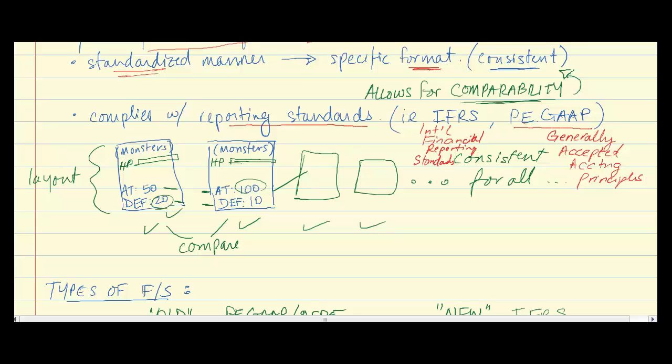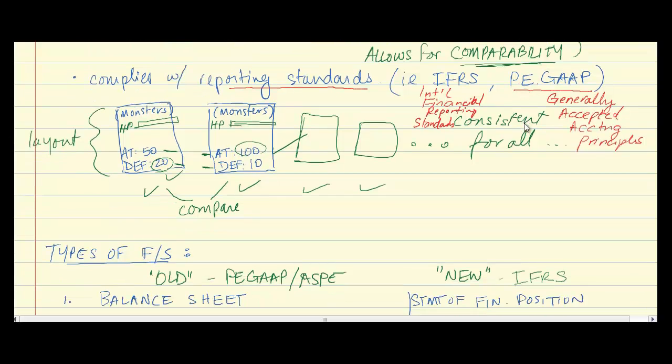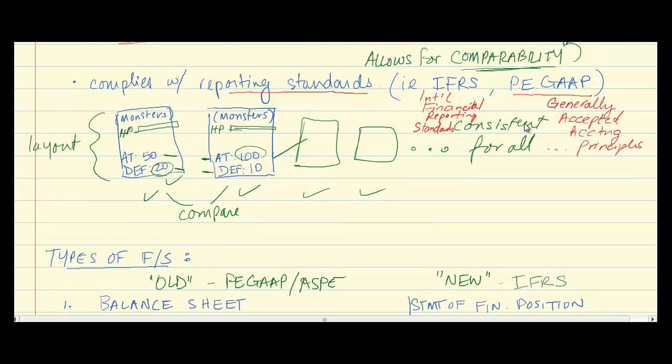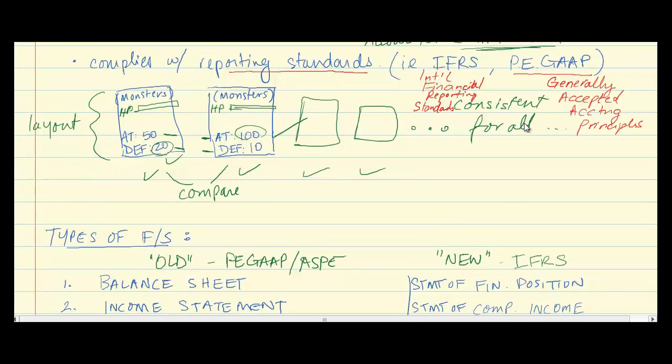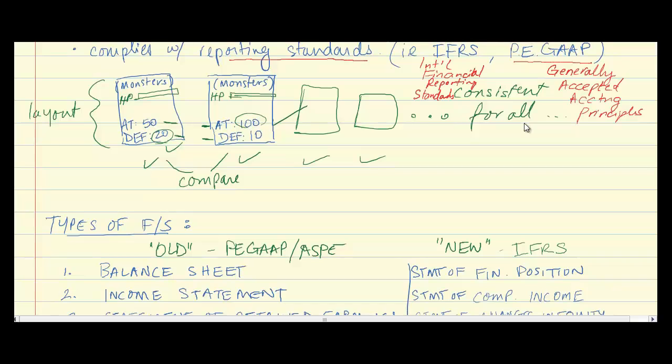And private enterprise GAAP generally applies to private entities, so companies that are privately held or not traded publicly. These private companies can elect to either use IFRS or remain with their current standards in PE GAAP. There are obviously certain differences, but we won't go into too much detail right now in this introductory video.